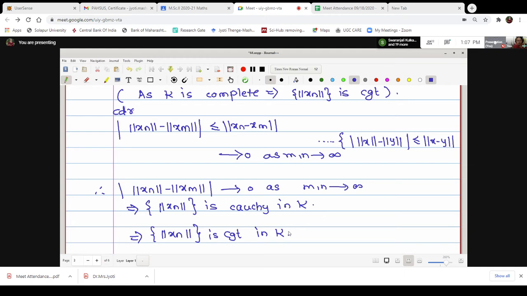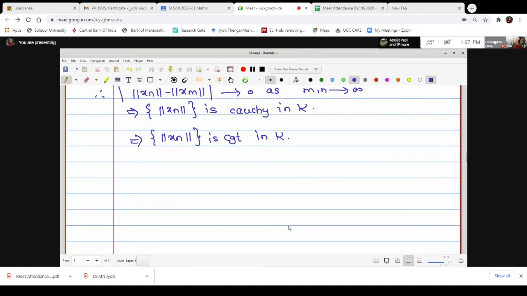If you are having any doubt about these four examples, you can ask me. Otherwise, we'll go to the next point. These are simple examples regarding sequences. In the first example, we have seen that if both sequences are Cauchy, their inner product is also Cauchy. In the second example, we have proved that if the inner product of xn and yn is Cauchy, then it is convergent.